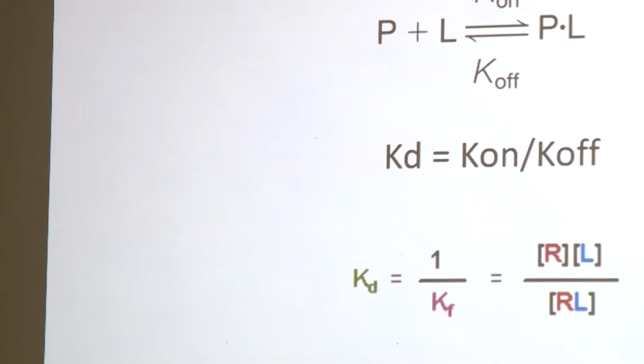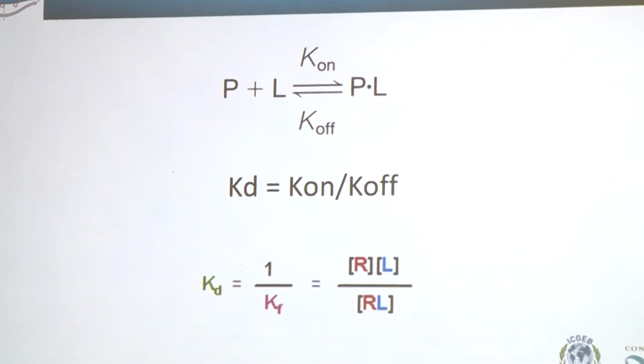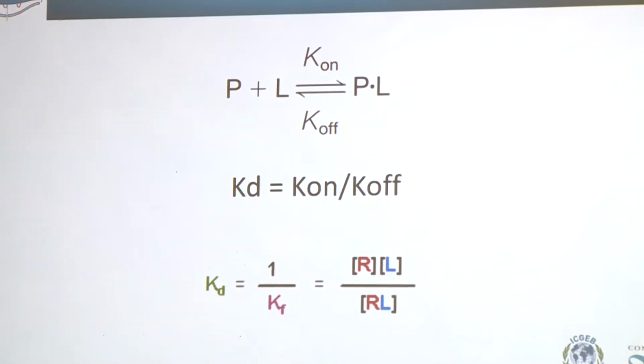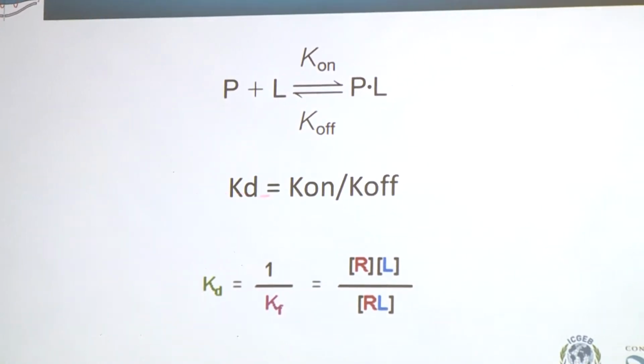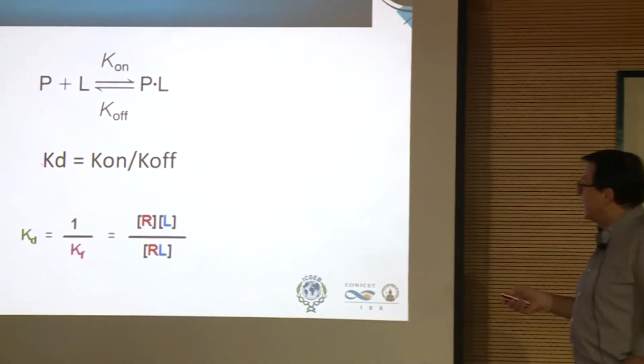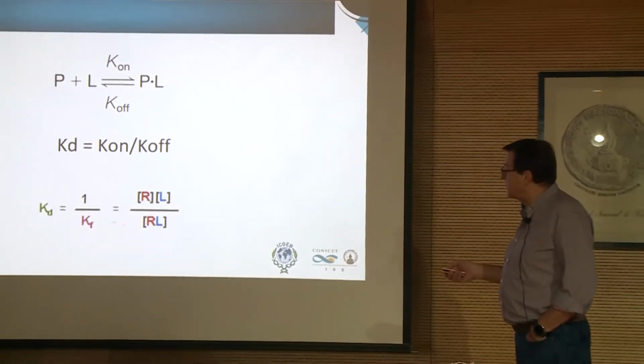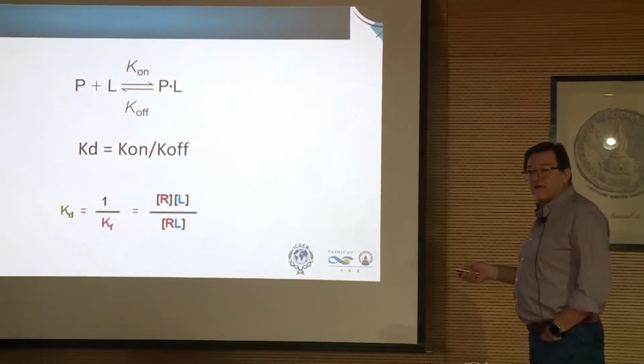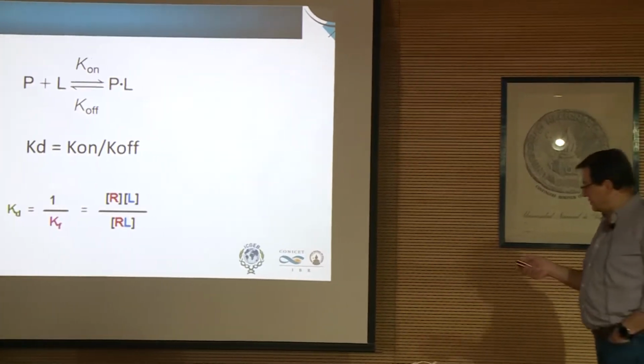So I will go more deeply into biophysics, and I hope you don't get upset by this information, but we are trying to see the formation of a complex. You have maybe two proteins, or maybe one protein and one small molecule. The affinity of this process is defined by an equilibrium constant that may be defined as the Kd for the dissociation constant, or Ka or Kf for the inverse constant.